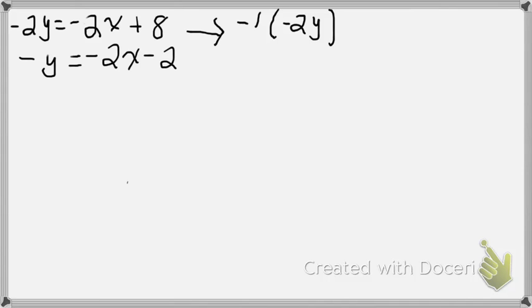And now, if I multiply one side by negative 1, I have to multiply the other side of the equation by negative 1. So negative 1 times 2x plus 8. What on earth just happened?